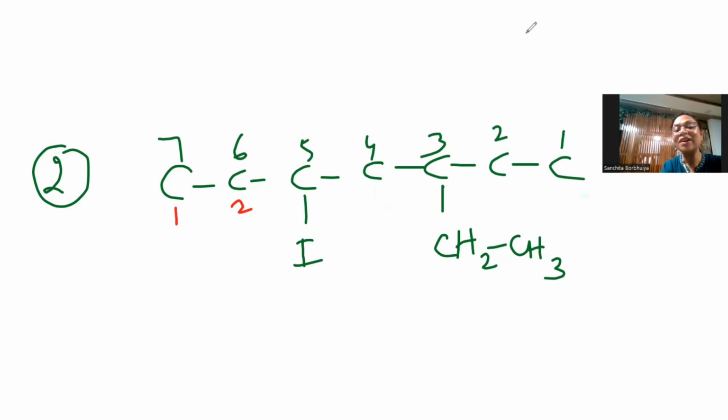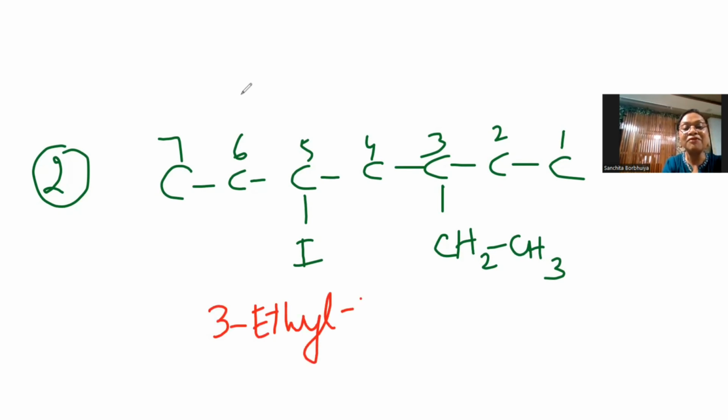If there is an alkyl and a halogen, the alphabet rule is what is to be followed. So this compound is named as 3-ethyl, 5-iodoheptane.